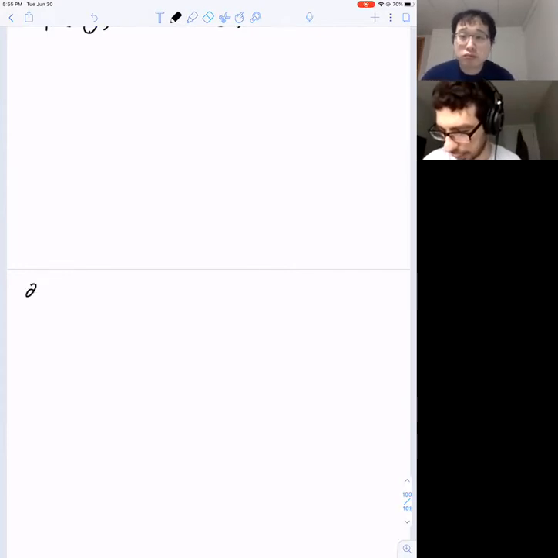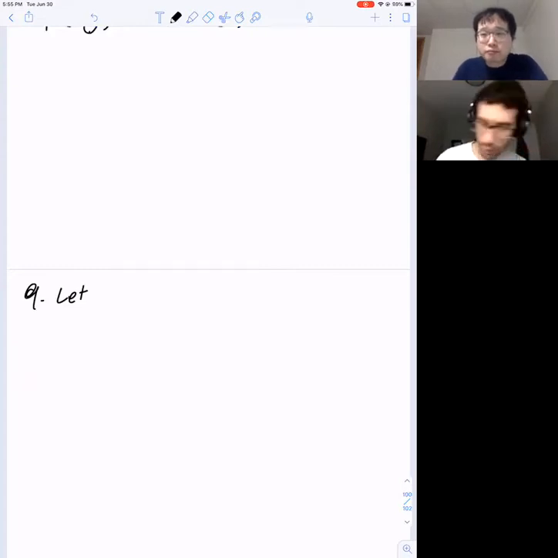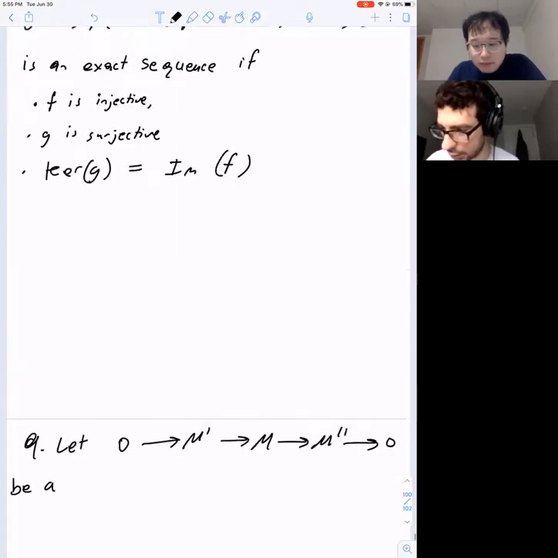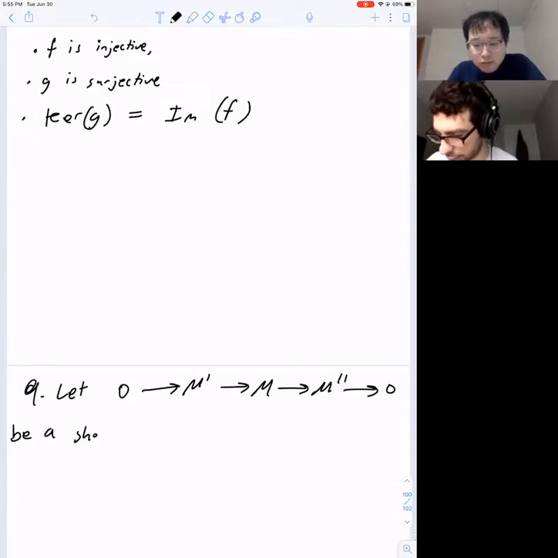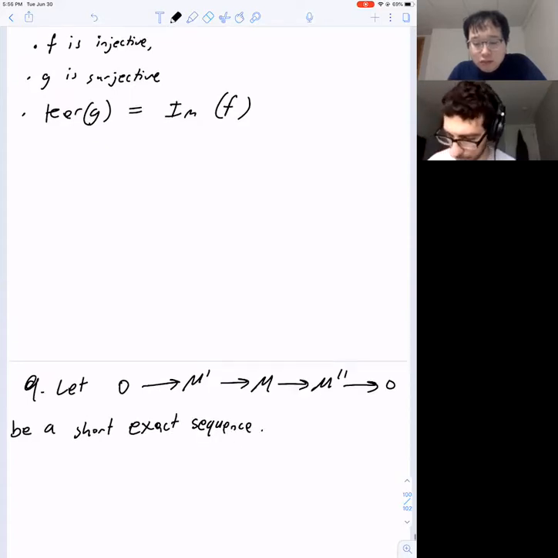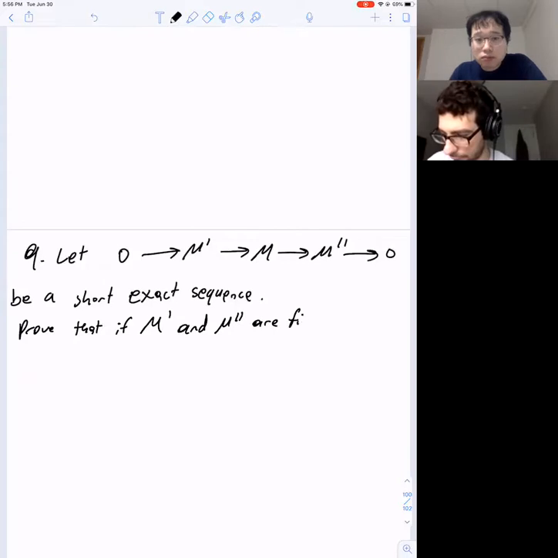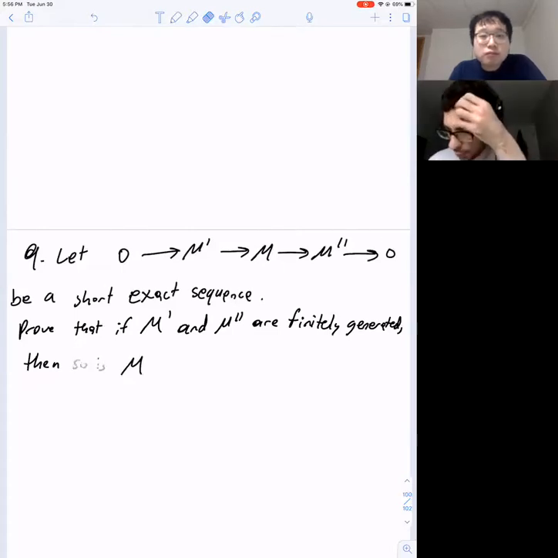Let this be a short exact sequence. Prove that if the modules on the left-hand and right-hand side are finitely generated, then so is M. Then M is finitely generated.